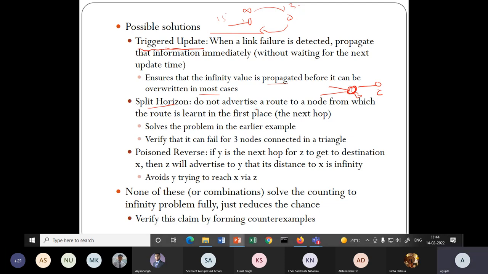So do not advertise a route to a node from which the route was learned in the first place, which is the next stop basically. So C has learned about the route to A from B. So when C sends its routing table to B, it drops all the routes which have B as the next stop. So that 3 will not go in there at all.